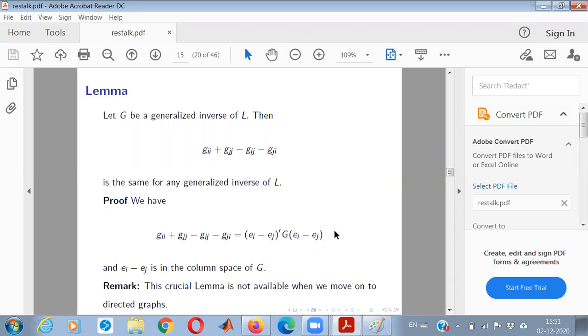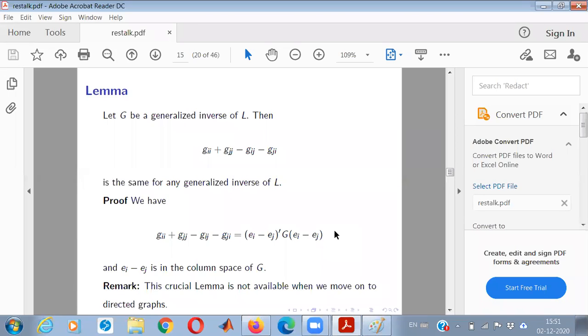Now, if you look at the Laplacian, let's assume symmetry for the time being, then the rank is n minus 1. So the vector of all ones is clearly a null vector. So any vector which is orthogonal to the all ones vector is in the column space. And that is in fact the exact column space.